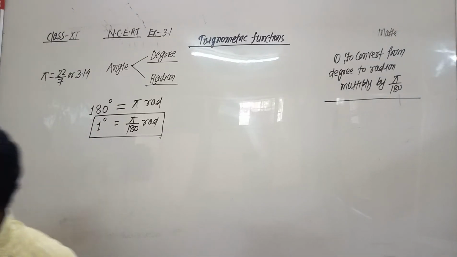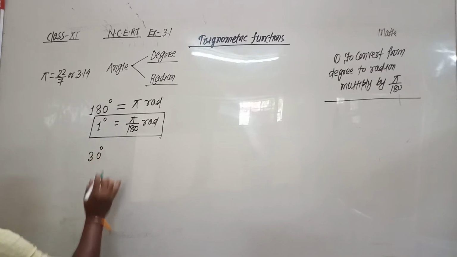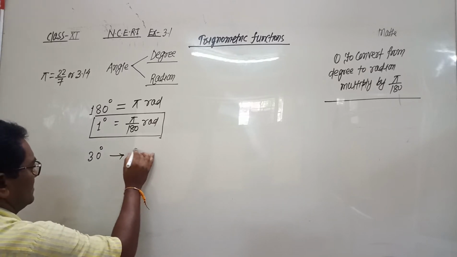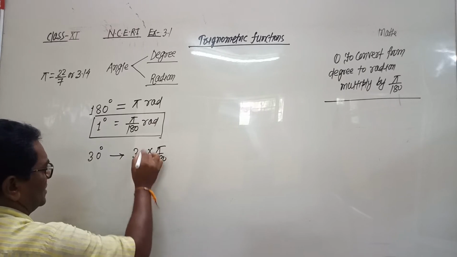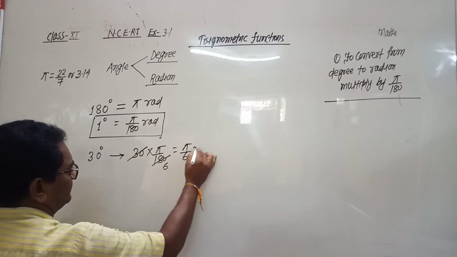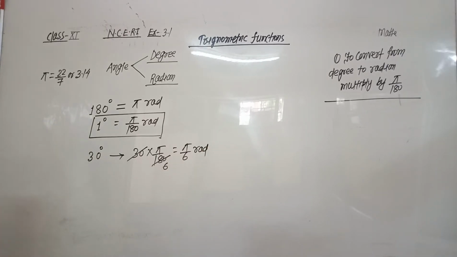To convert from degree to radian, we multiply by pi by 180. Suppose there is 30 degree and we have to convert it into radian. So we multiply by pi by 180, and we get pi by 6 radian. So 30 degree equals pi by 6 radian.